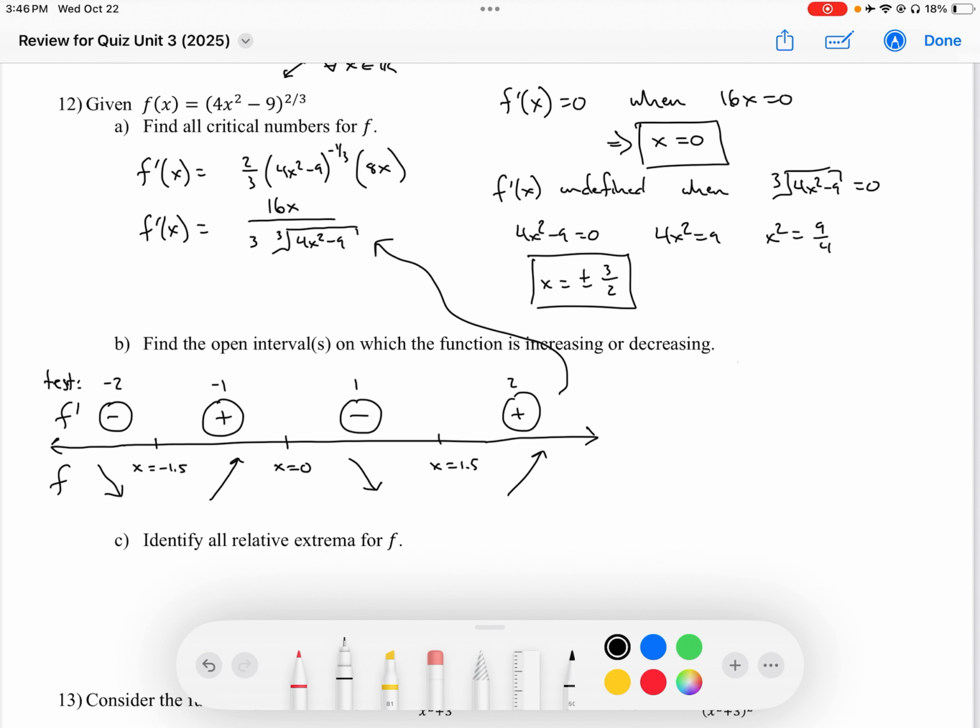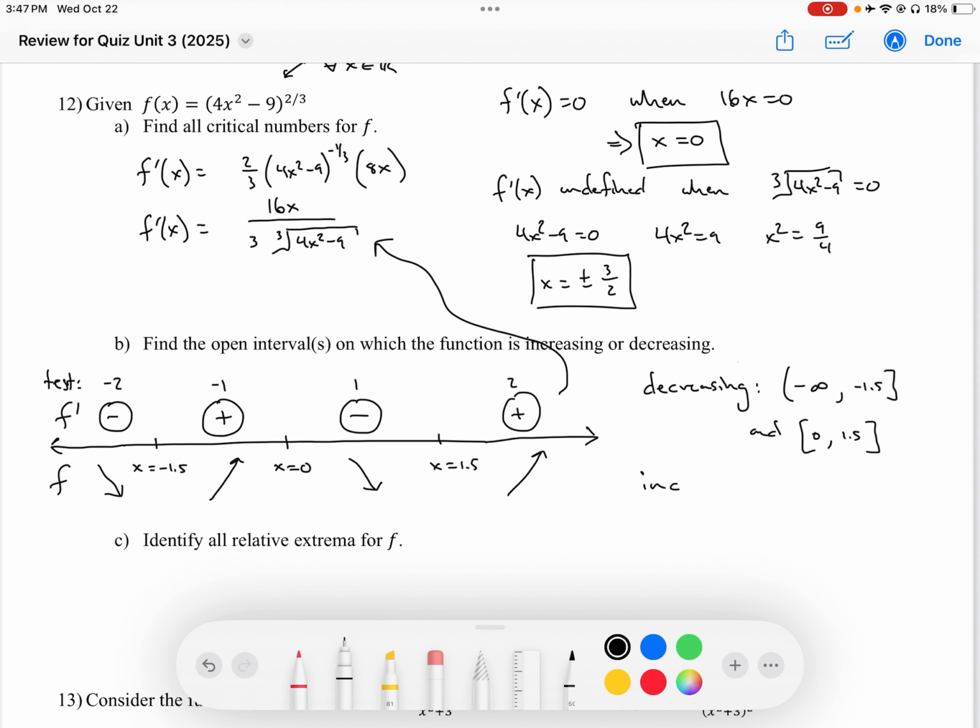So now I should be able to say that f is decreasing on the interval negative infinity to negative 1.5 and 0 to 1.5.